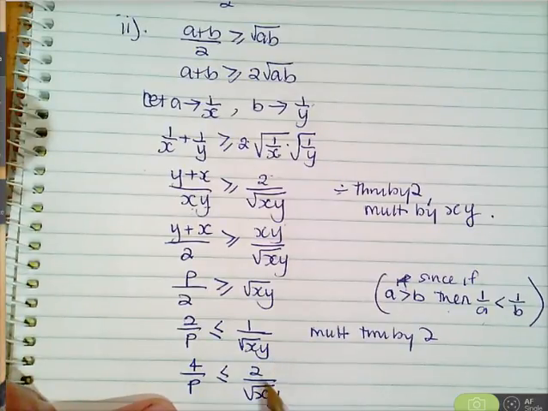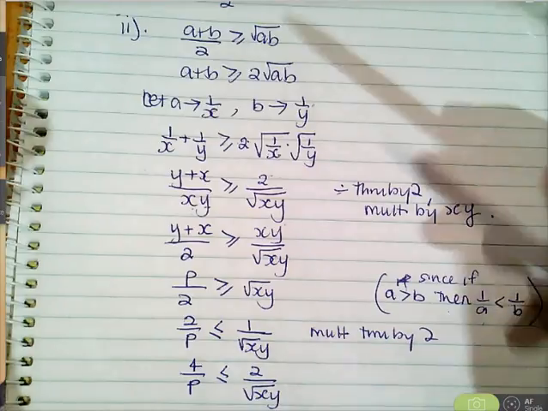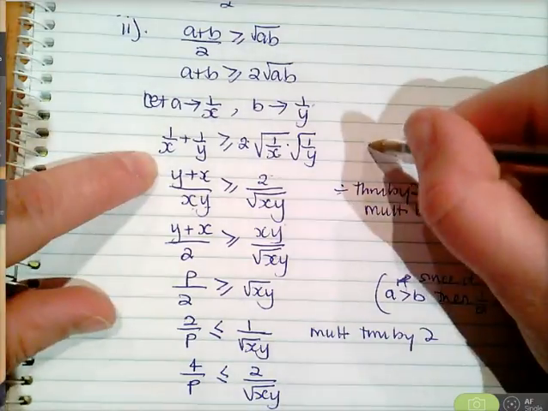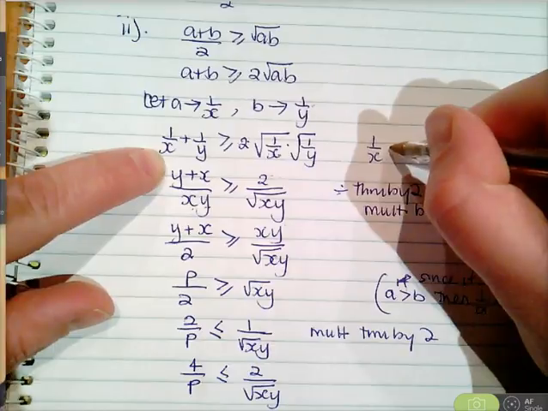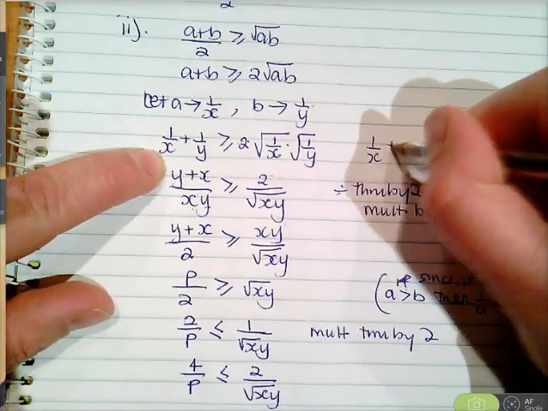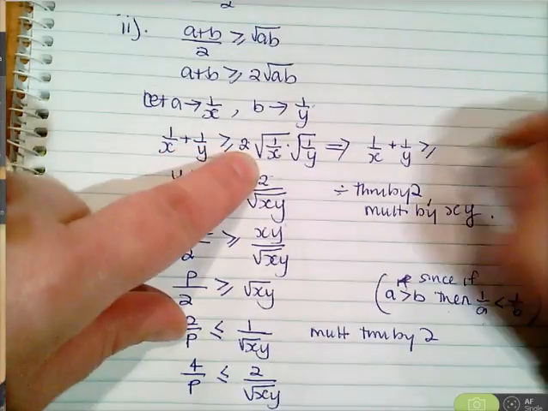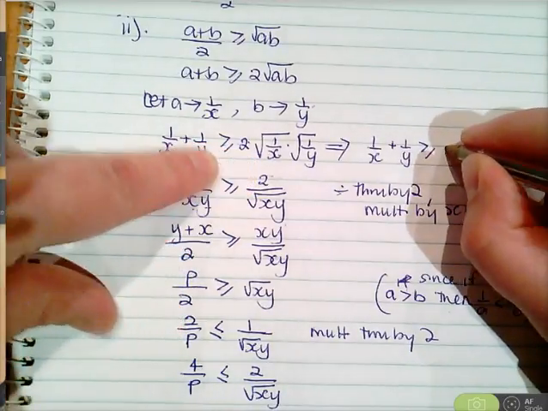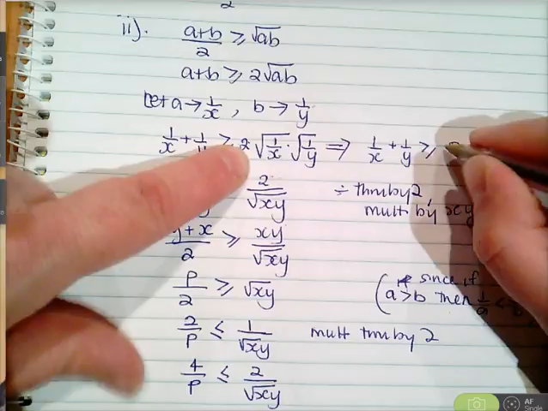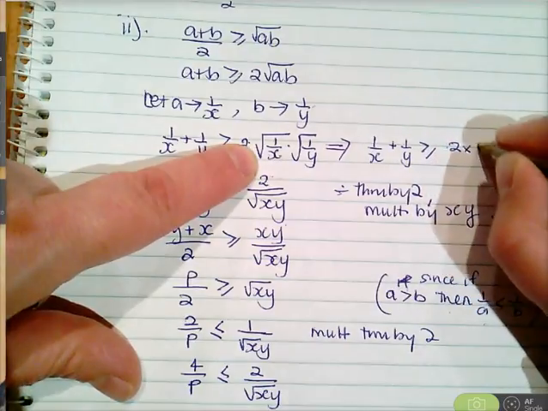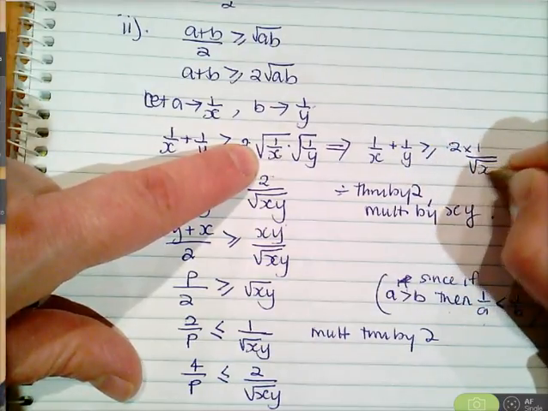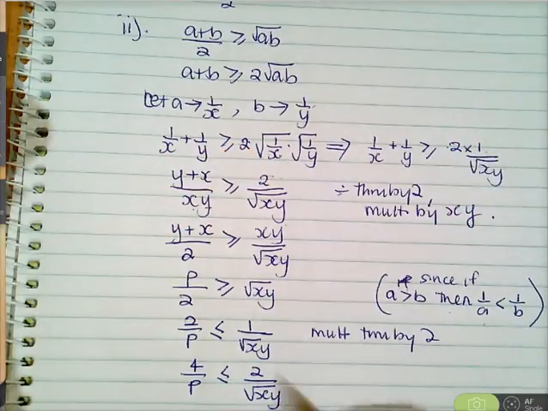Actually, we just about do, because we know from earlier in the question up here, if I just write this again, 1 over x plus 1 over y is greater than or equal to 2 times 1 over root xy, which is really 2 over root xy.